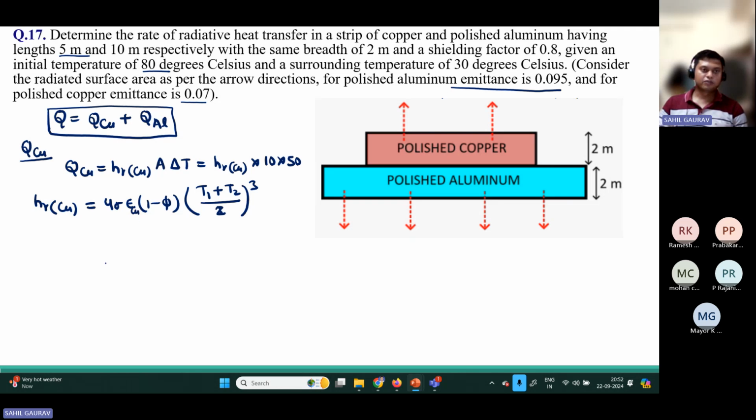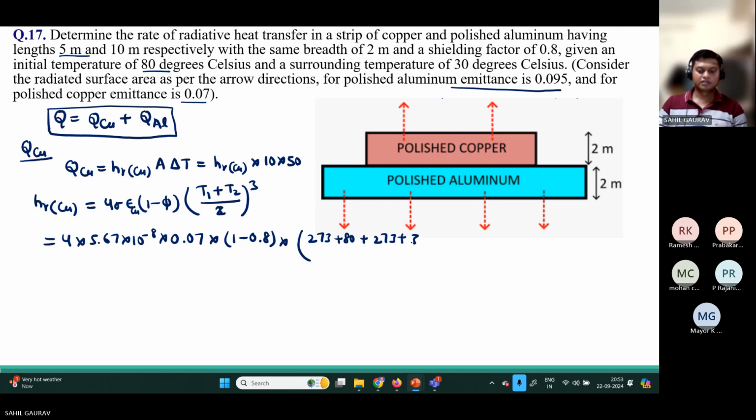So this is what we consider for epsilon. 4 into 5.67 into 10 to the power minus 8, emissivity value is 0.07 and shielding factor is 0.8, into T1 plus T2, where T1 is 273 plus 80 plus 273 plus 30 upon 2. If you do the calculation, you will get 0.112.